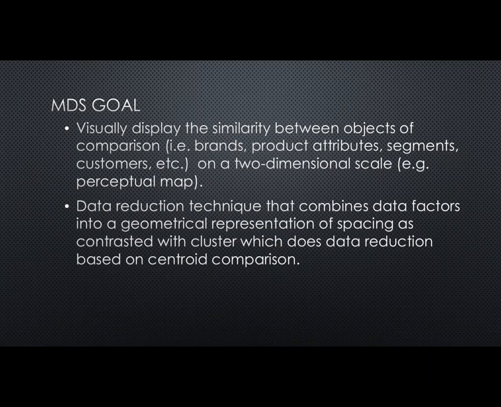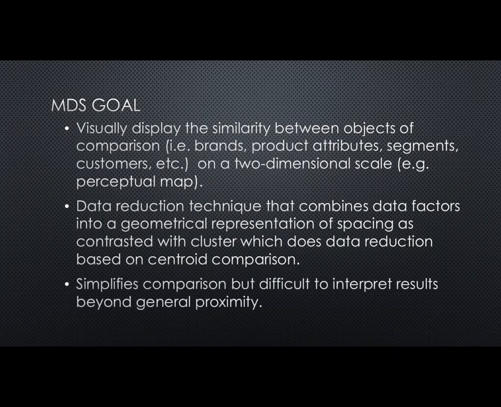With the MDS, you don't have any kind of centroid as a starting point, so it's more of the analysis doing everything in terms of combining stuff together. And I'll show you exactly what I'm talking about once we get into this. The MDS is a simplified comparison.